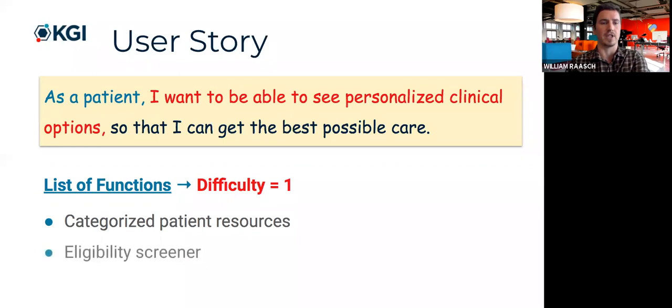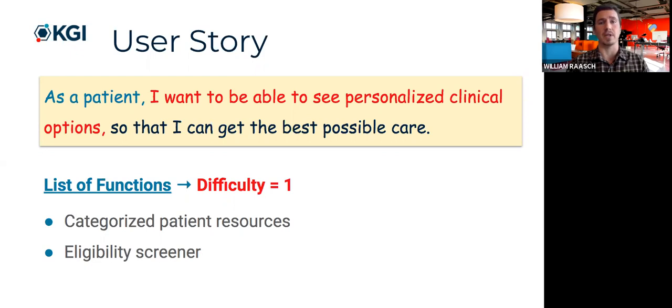So some of the functions might be categorize patient resources. We might be able to find the resources that patients who are more connected to the industry or the healthcare world can recommend, and then put those all in one place for other patients who are a little bit less connected to be able to find.